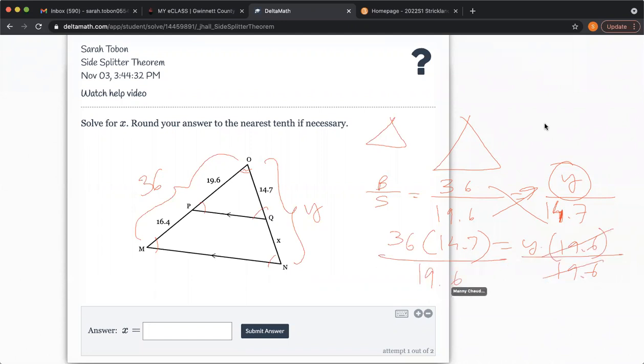And you can use a calculator and you can see that 36 times 14.7 divided by 19.6 is 27. So Y equals 27. If Y is equal to 27, you're going to subtract that 14.7 from it. That's the 12.3. That's your X.